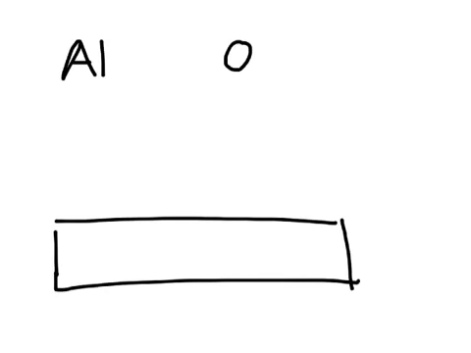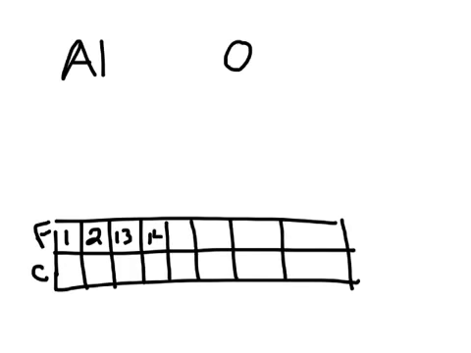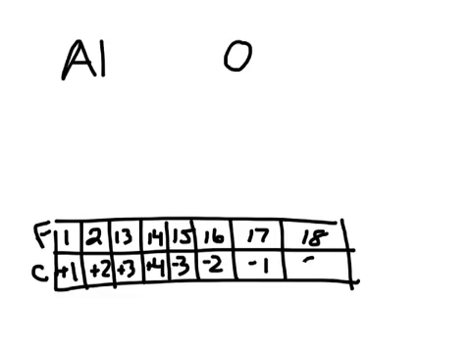Alright, so I'm going to have to make a compound with aluminum and oxygen. Well, aluminum, based on this pattern here, remember, you had family and charge. 1, 2, 13, and then 14, 15, 16, 17, 18, with charges plus 1, plus 2, plus 3, plus 4, minus 3, minus 2, minus 1, and 0.